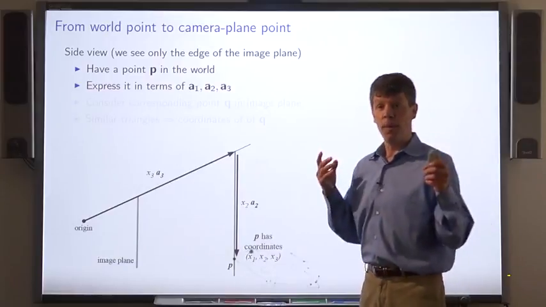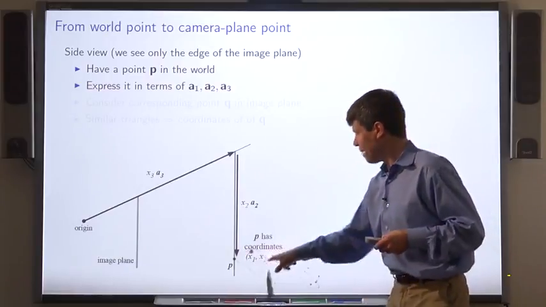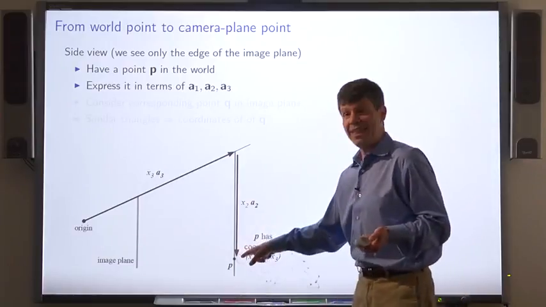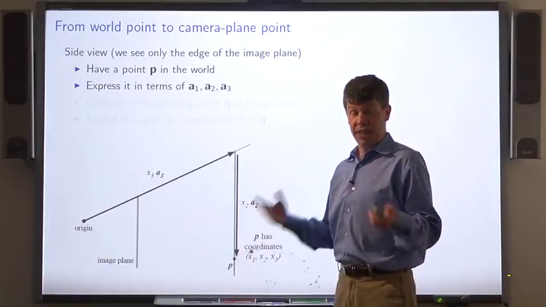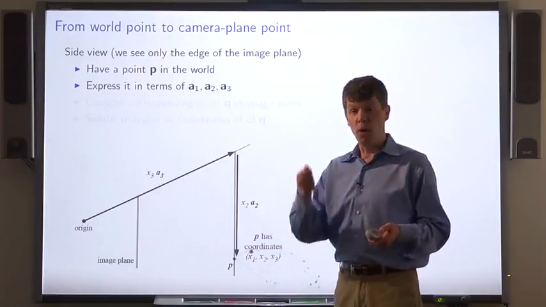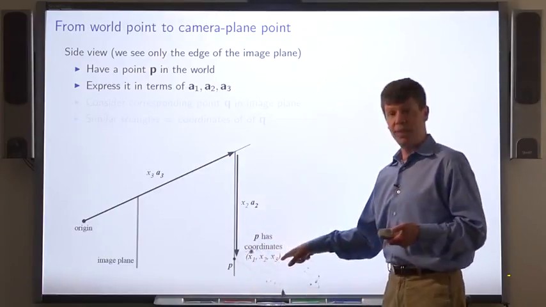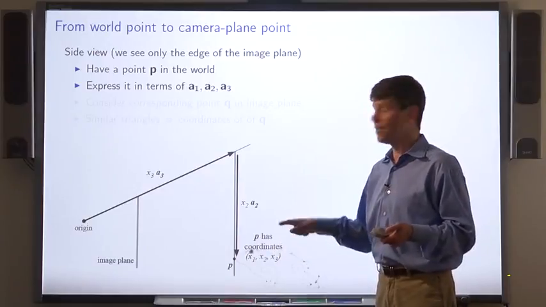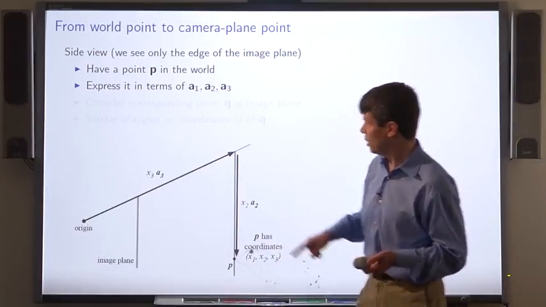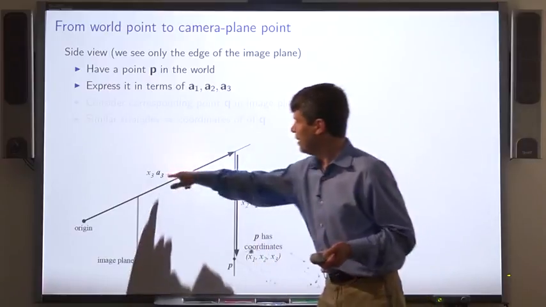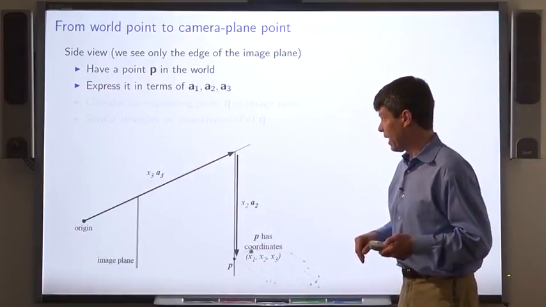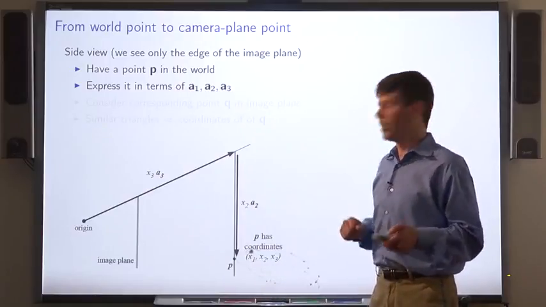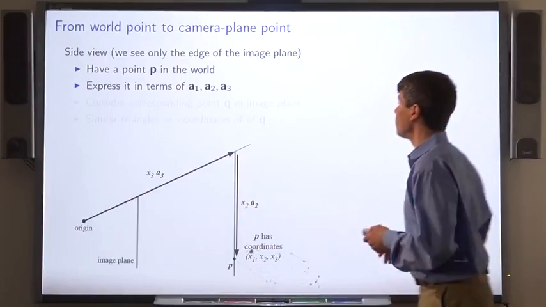So we get the coordinates of that point. Let's call them x1, x2, x3. And notice that the point is then the linear combination of A1, A2, and A3 given with these coefficients: x1 times A1 plus x2 times A2 plus x3 times A3. We only show x2 times A2 plus x3 times A3 because x1 times A1 is pointed directly towards us, because we have the side view.